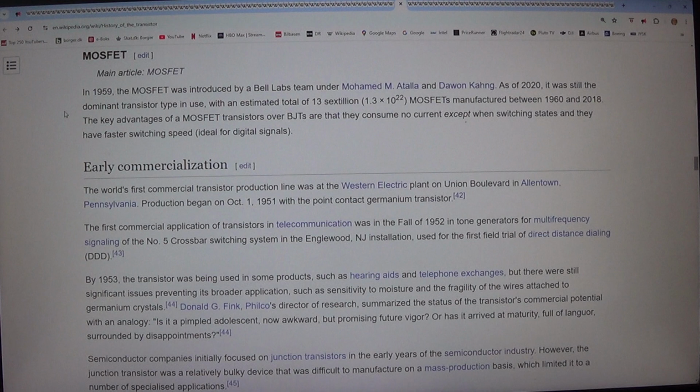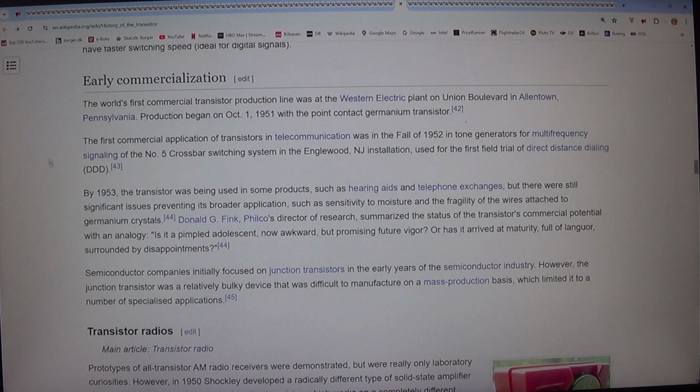Early commercialization. The world's first commercial transistor production line was at the Western Electric plant on Union Boulevard in Allentown, Pennsylvania. Production began on the 1st of October, 1951 with the point-contact germanium transistor.